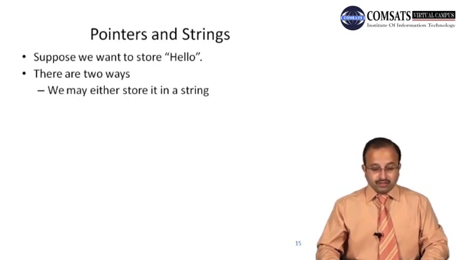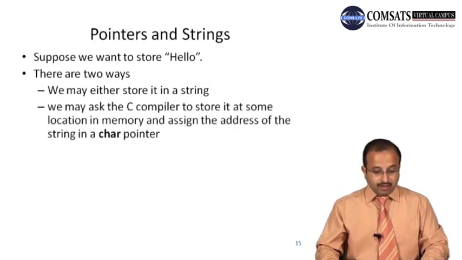We can write a string, let's say char str1, then specify the size and equals hello. Or we may ask the C compiler to store it at some location in memory and assign the address of that string to a character pointer. That is the second mechanism, like this.